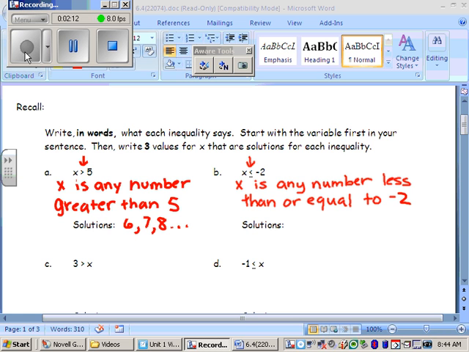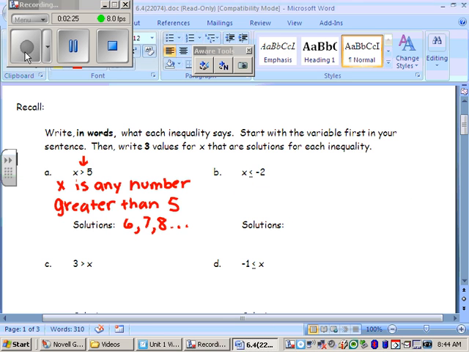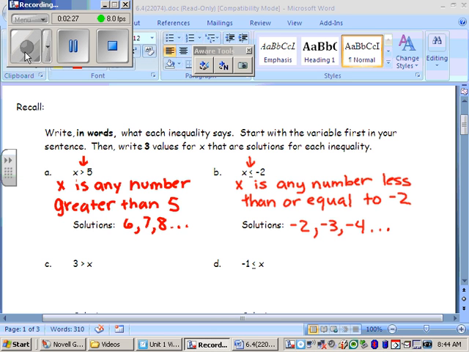So if you think about what that means, x can be any number less than -2, or it could be equal to -2. So -2 is a possible solution, as well as any number less than that, which would be -3, -4, or any number less than that as well.